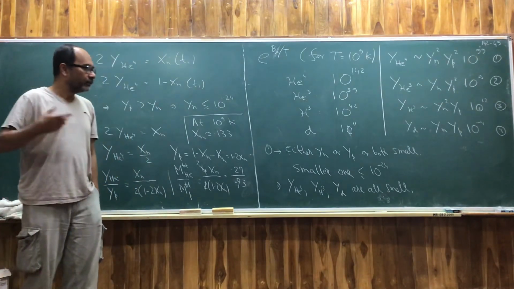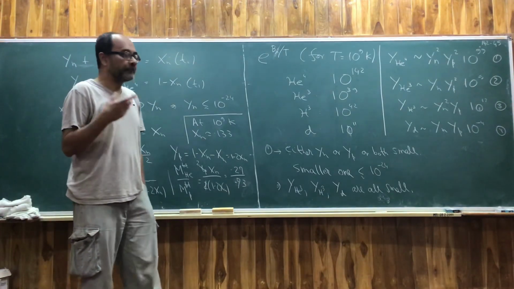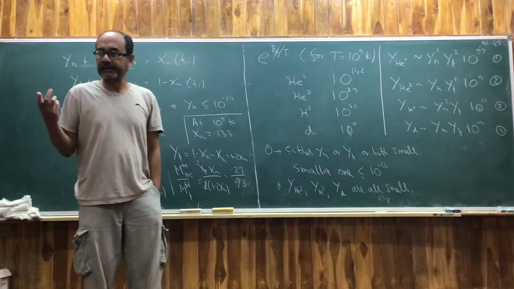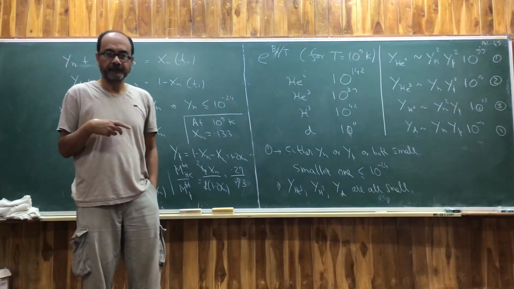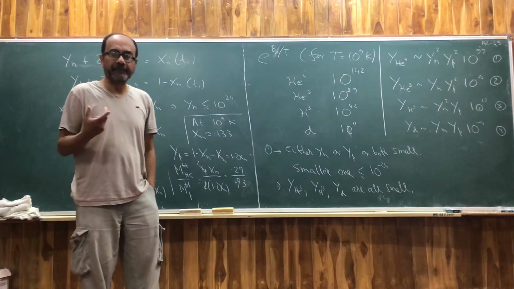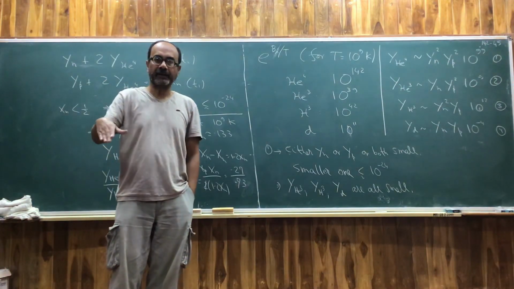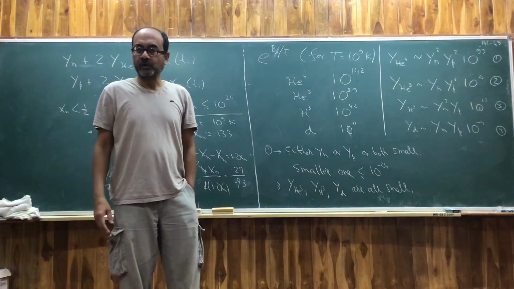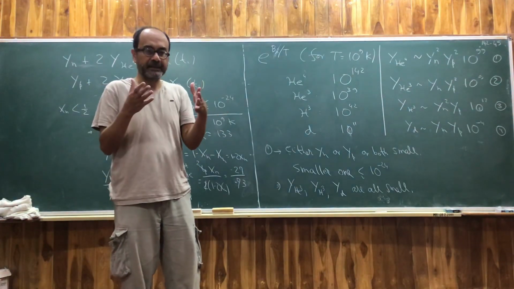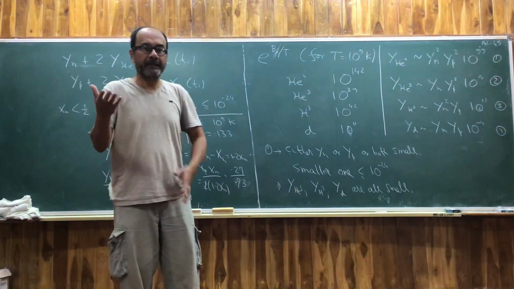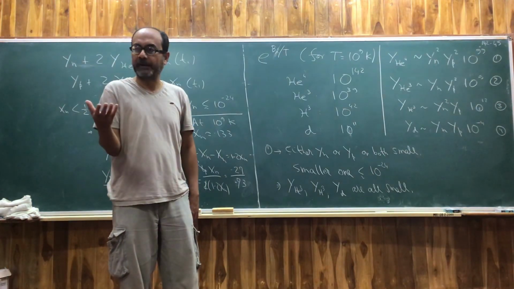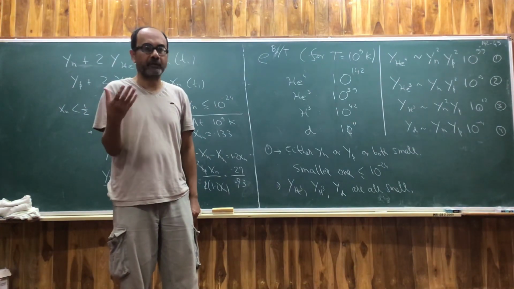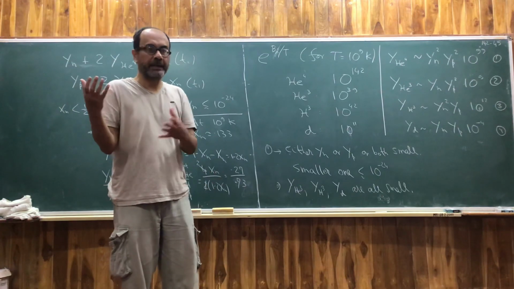And as we have been emphasizing, if the expansion rate of the universe was somewhat different, then these numbers will change. This number will change simply because the neutron decay rate, of course, is universal. That's fixed by the fundamental laws. So if the expansion becomes faster, then the neutrons wouldn't have decayed so much by the time the temperature becomes 10 to the 9 K. That means more neutrons are left over, and they'll produce more helium.